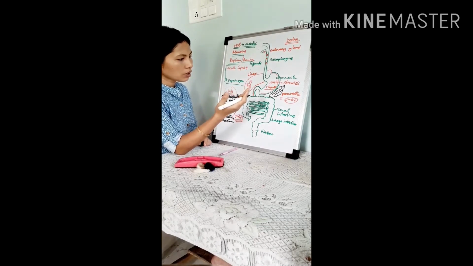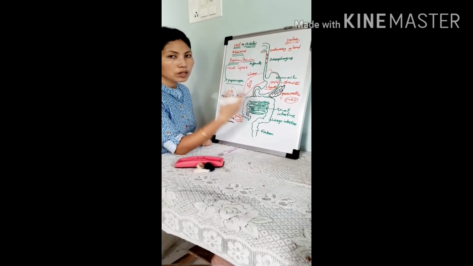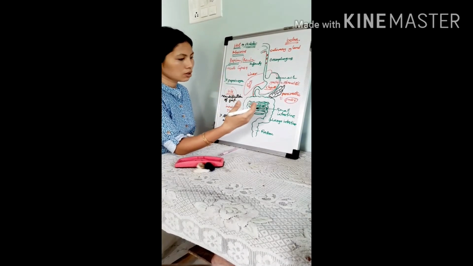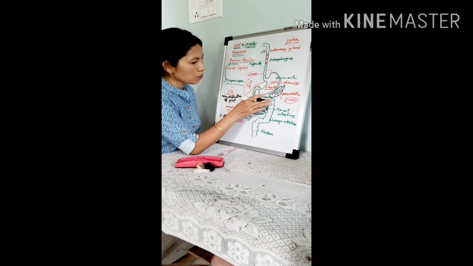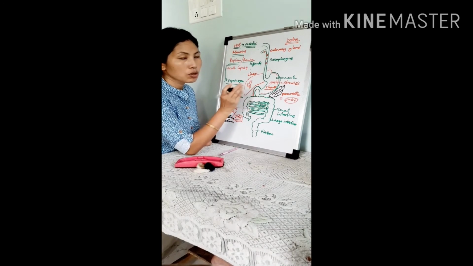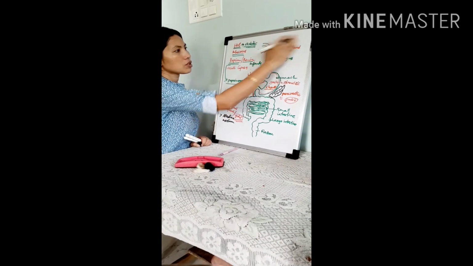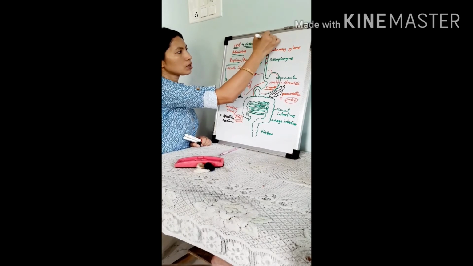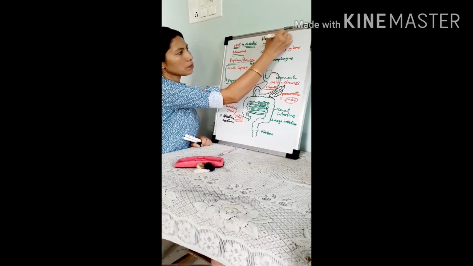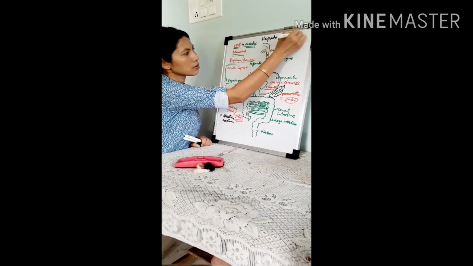And one more important thing that you need to remember here is the route or the way through which they pour their secretion. So liver and pancreas pour their secretion through a common duct, which is known as the hepatopancreatic duct.